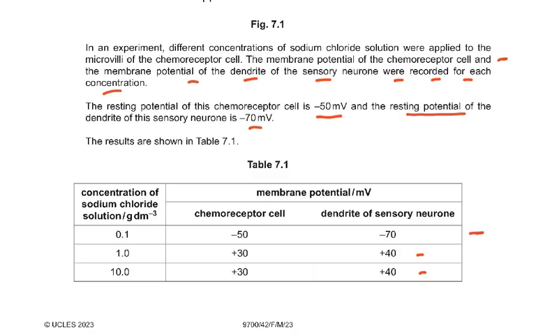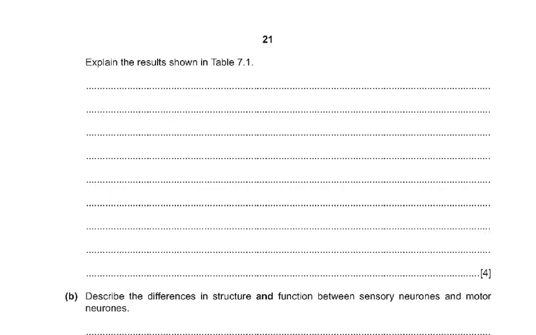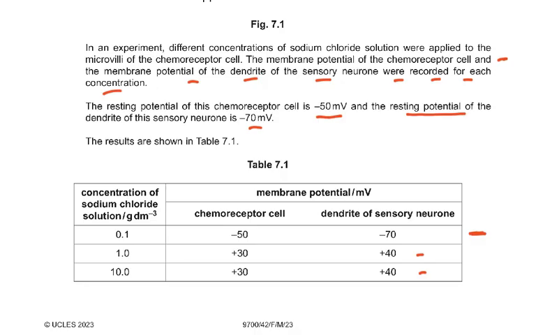Now looking at this table, because the question said explain the results, let's go through it once again. With 0.1 gram, what has happened? The chemoreceptor does not release neurotransmitter. Why? Because it's not depolarized. The resting potential has remained minus 50, and this has also remained minus 70.